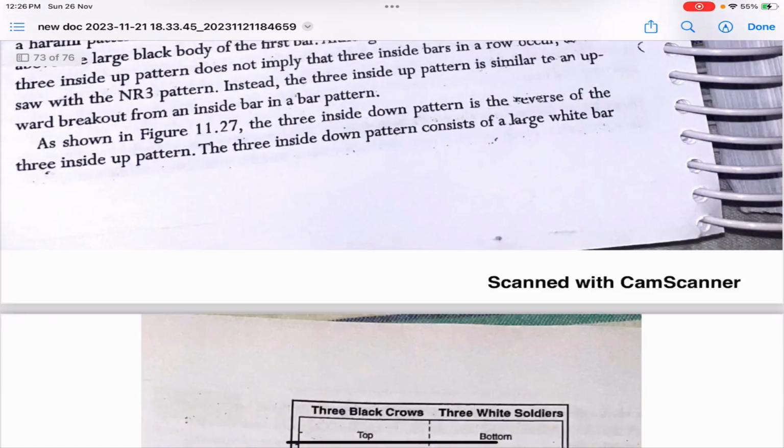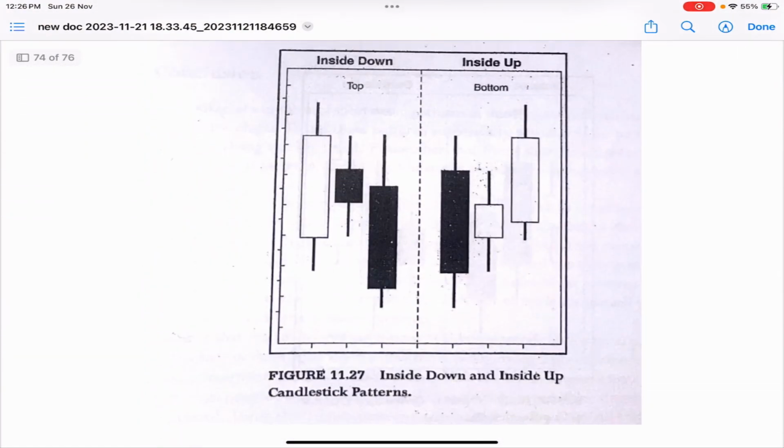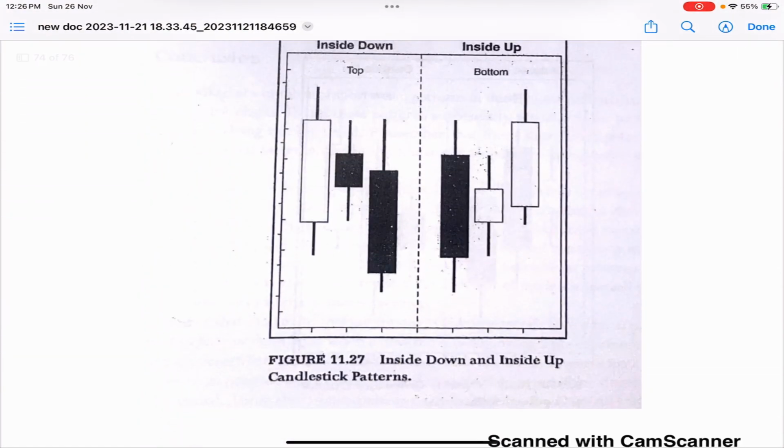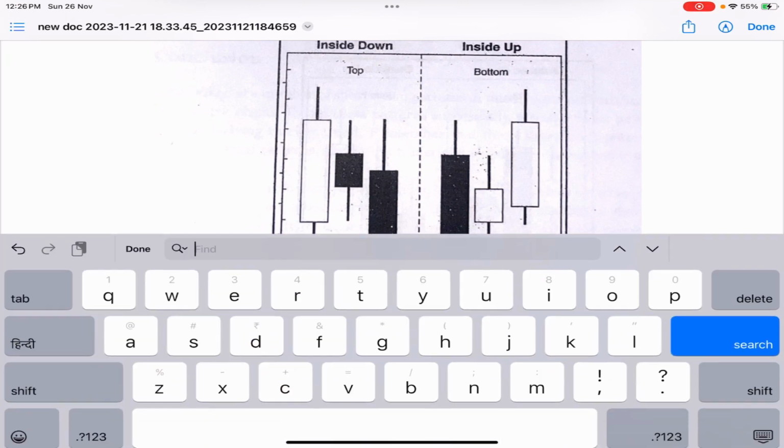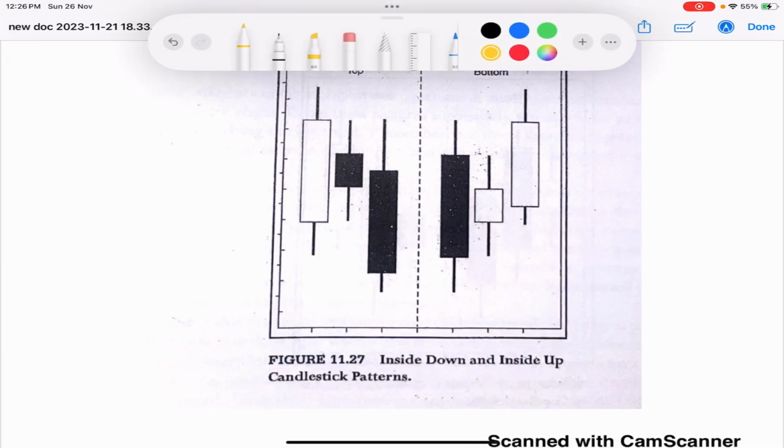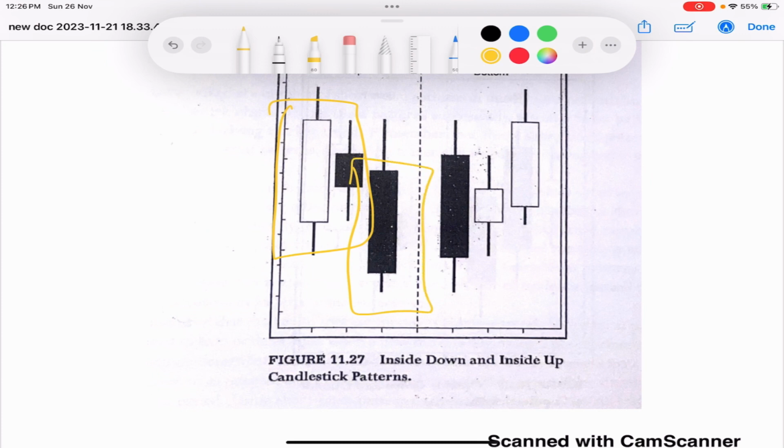3 inside up and 3 inside down. Now what exactly is a 3 inside up and 3 inside down? At the top, if you have this, and in the middle there's an inside pattern and then there's a downward pattern. Basically an inside bar and a follow through bar.